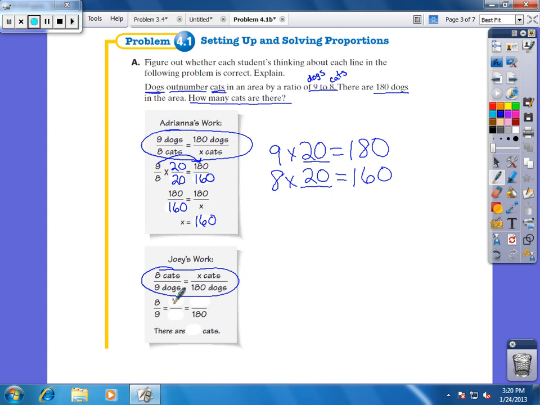So 8 times 10 is 80, 9 times 10 is 90. Those are equivalent ratios. Now, all we have to do is find a way to get from 90 to 180. Hopefully you see that that's just double, so we can double the 80 to get to 160. There are 160 cats in the area.